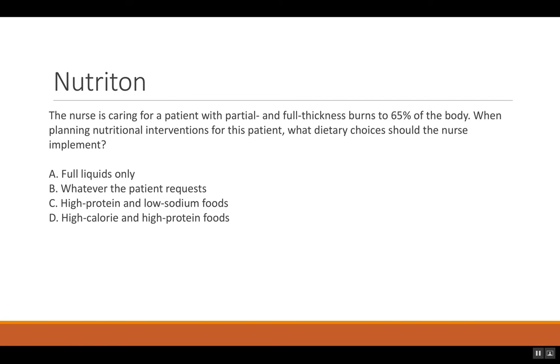The nurse is caring for a patient with partial and full thickness burns to 65% of their body. When planning nutritional interventions for this patient, what dietary choices should the nurse implement? The answer to this one is D. We just said that they need the high protein, but they're also going to need high calorie. The hypermetabolic state occurs proportional to the size of the burn area. So massive catabolism can occur and is characterized by protein breakdown and increased gluconeogenesis.